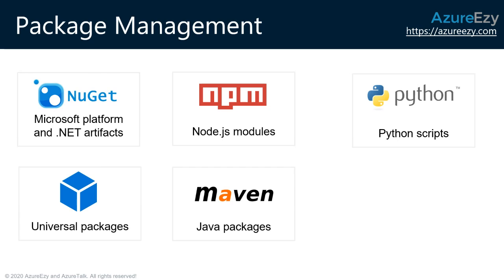Maven is for Java. If you are developing Java and you want to host that as a package so that other people can use it in their application development, you can host it as a Maven package. And similarly, nowadays you must have heard Docker coming into the picture. In Docker as well, there is something like a package. We don't call it a package, but it's just like a package: Docker images.